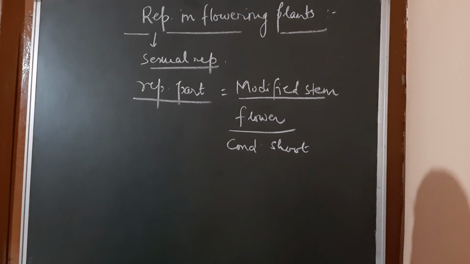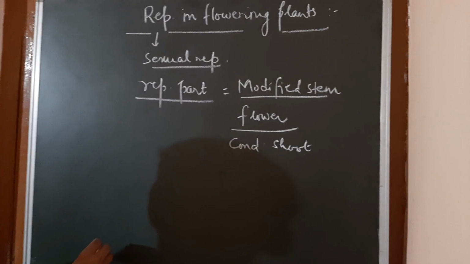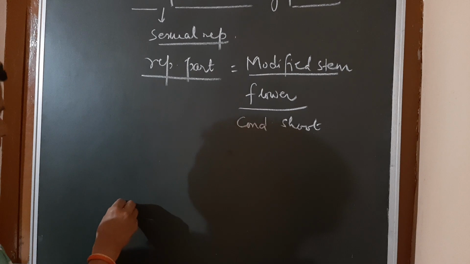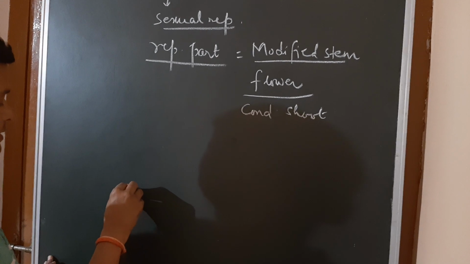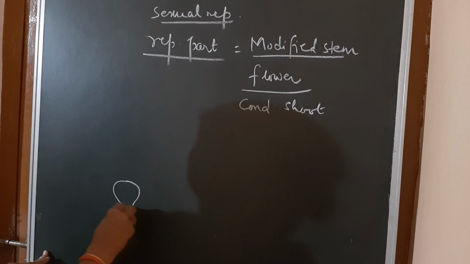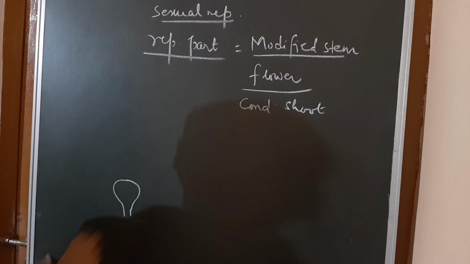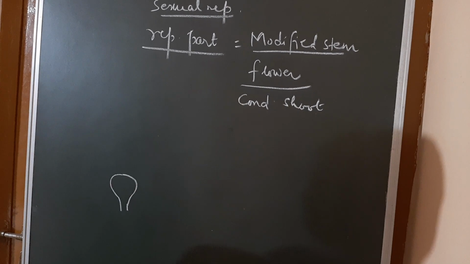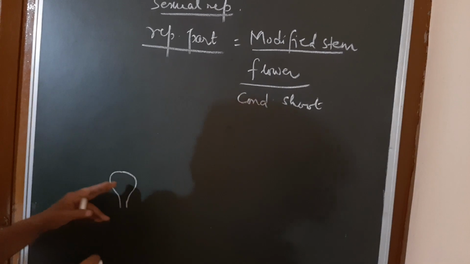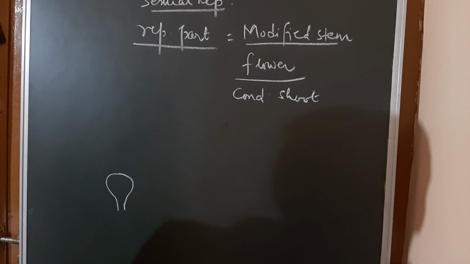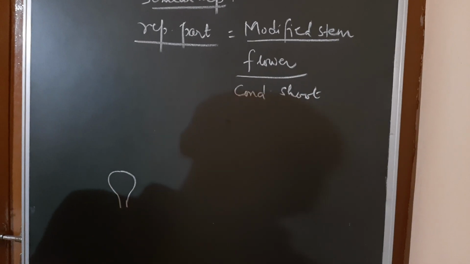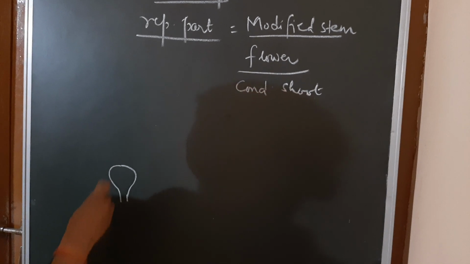Just as a reminder, here is what we have drawn. If we draw a flower, there will be a base of the flower which we call the receptacle or thalamus. To this receptacle or thalamus, different floral parts or whorls are connected.